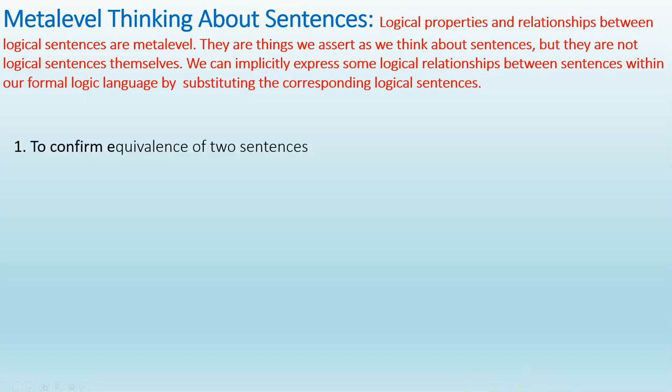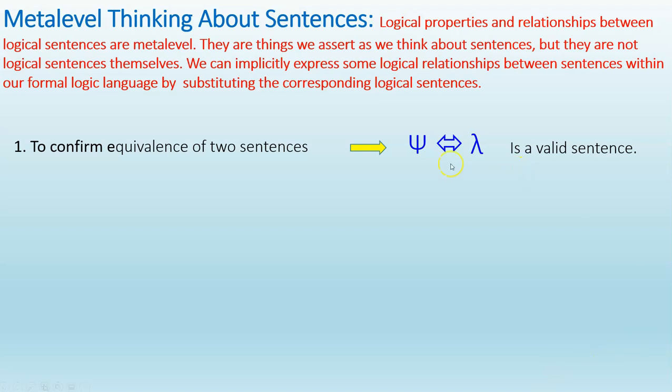To confirm the equivalence of two sentences, we say, oh, is psi equivalent to lambda? We're talking about two sentences, but we're not making a logic sentence. We're saying psi is equivalent to lambda. There is no "is equivalent" in our logic semantics. There's no function for that.